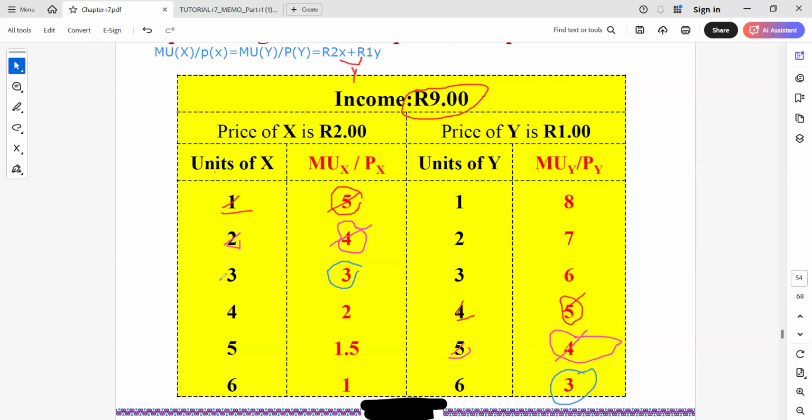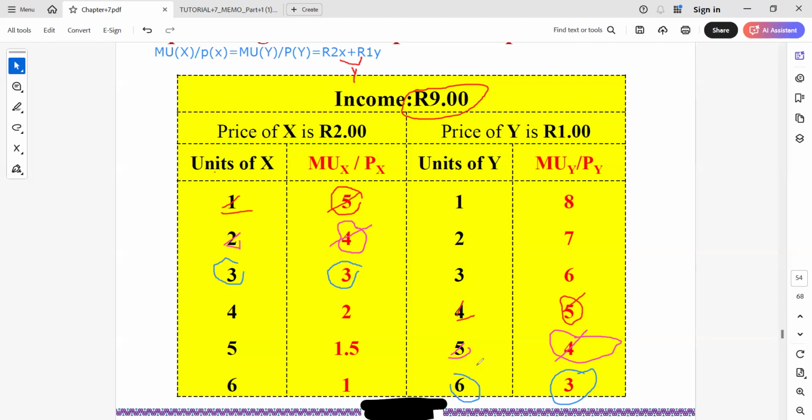The combination the consumer can buy is 3 units of good X and 6 units of good Y. We say 3 times 2, the price for good X, which gives 6. Then 6 times 1, the price for good Y, which gives 6. 6 plus 6 is 12. So all the conditions are not satisfied.